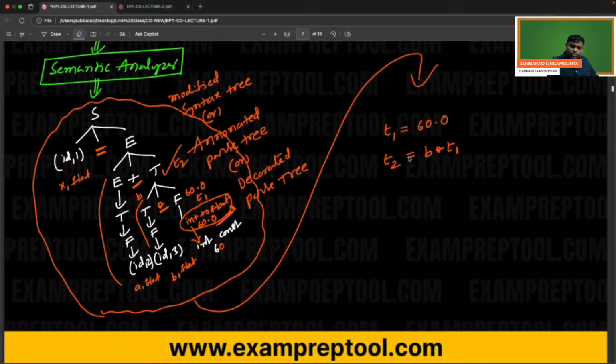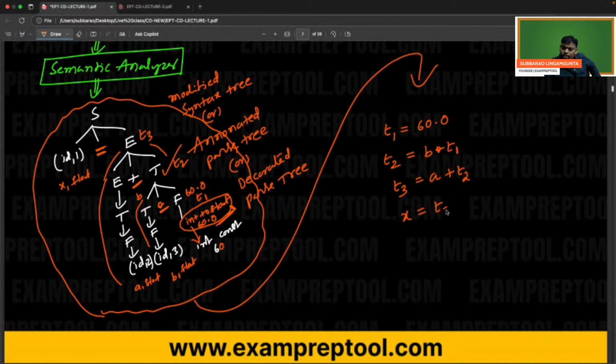Don't think much. The plus operation should be done. Plus means A plus T2 is equal to T3. Now this is T3. That is also okay. Next one, lastly, X is equal to T3.